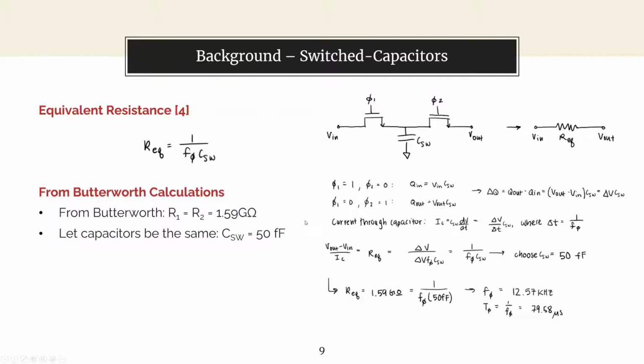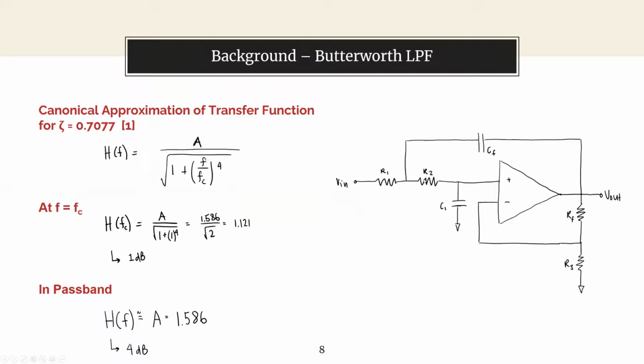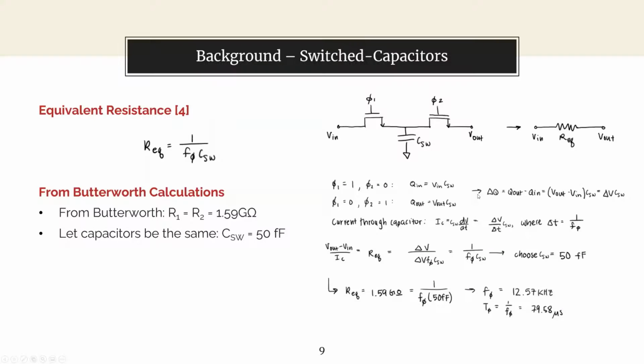Now that the required resistance has been calculated in the Butterworth derivation at 1.59 gigaohms, the switch capacitors can be designed to model R1 and R2 here. So to explain a bit more about the switch capacitor, when Phi1 is high and Phi2 is low, the charge on the capacitor is equal to Vin times the capacitance.